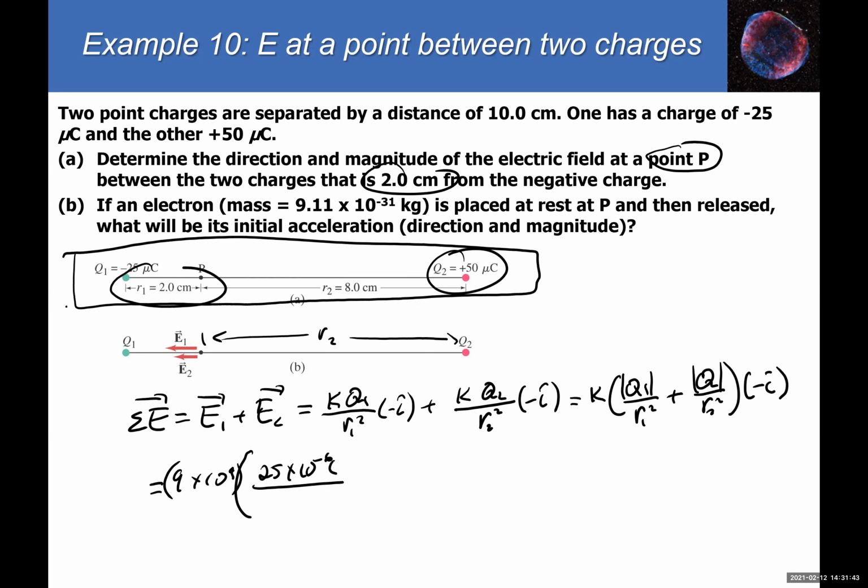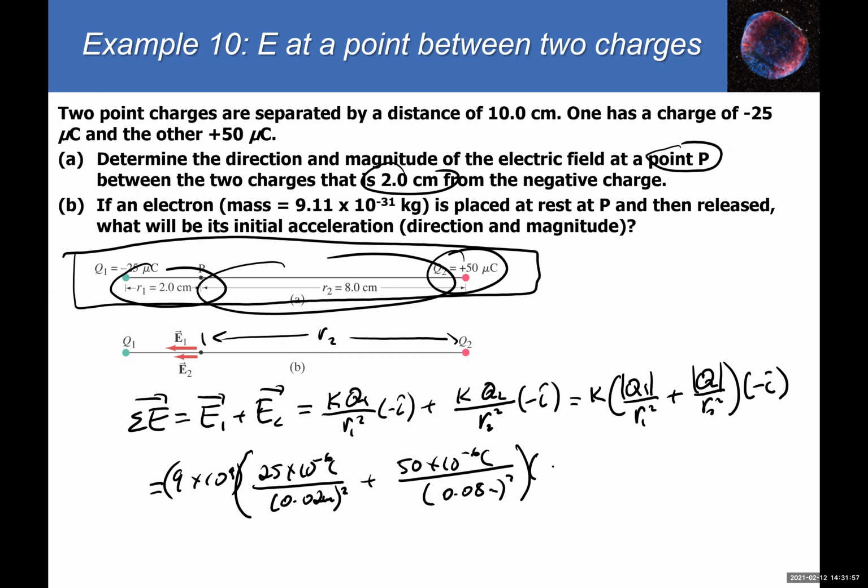So that means this is a 2 centimeter distance, so 0.02 meters squared, plus then 50 times 10 to the negative 6 coulomb divided by this distance, which is 0.08 meters squared, then negative i hat. So then we can calculate the magnitude of the net electric field, which ends up being 6.3 times 10 to the 8 newtons per coulomb.